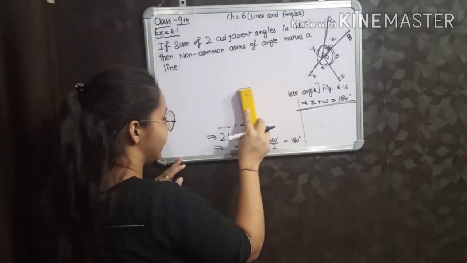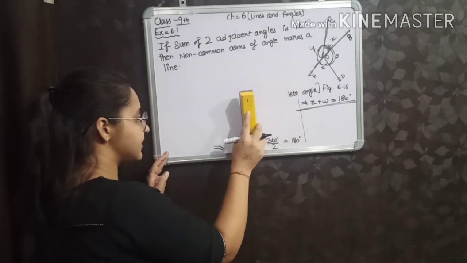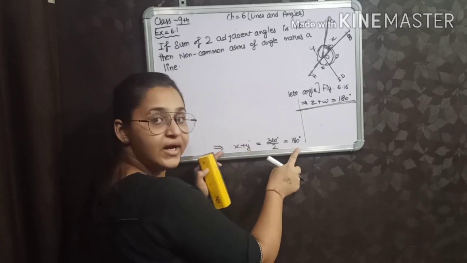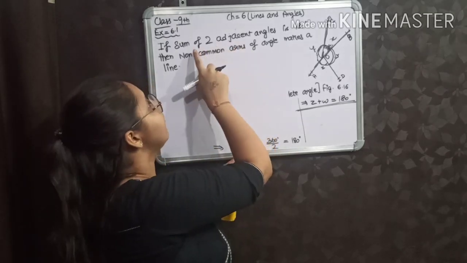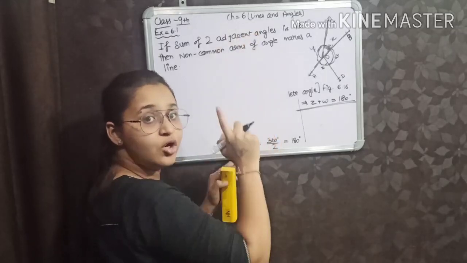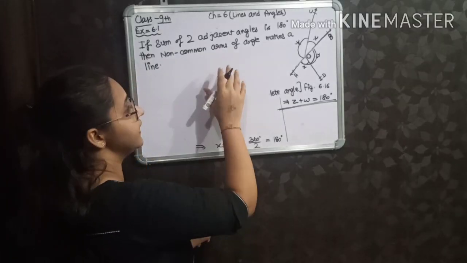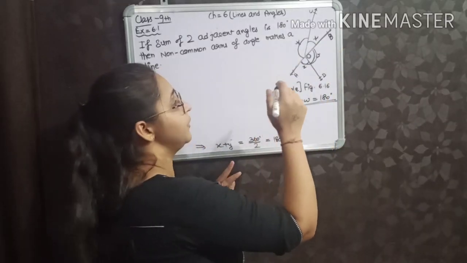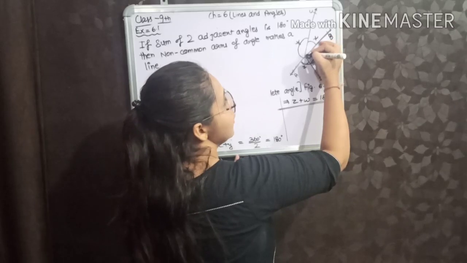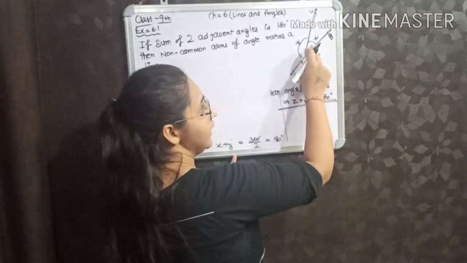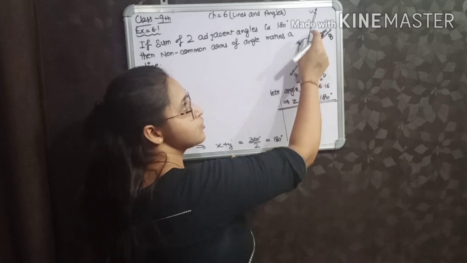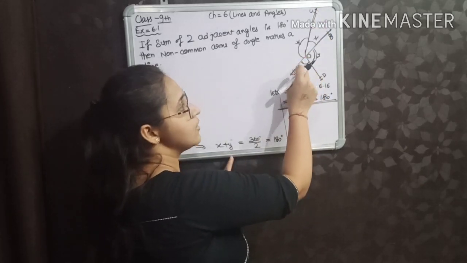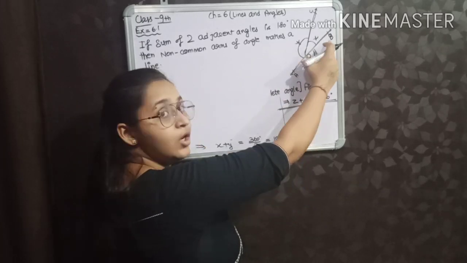Now see, are x and y adjacent angles? We have the sum of x and y as 180 degrees. Now we have to check whether these are adjacent angles or not. What are adjacent angles? Adjacent angles are those pairs of angles which have a common arm. For angle x and angle y, OC is the common arm, O is the common vertex, and the other two arms, that is OA and OB, are on opposite sides.